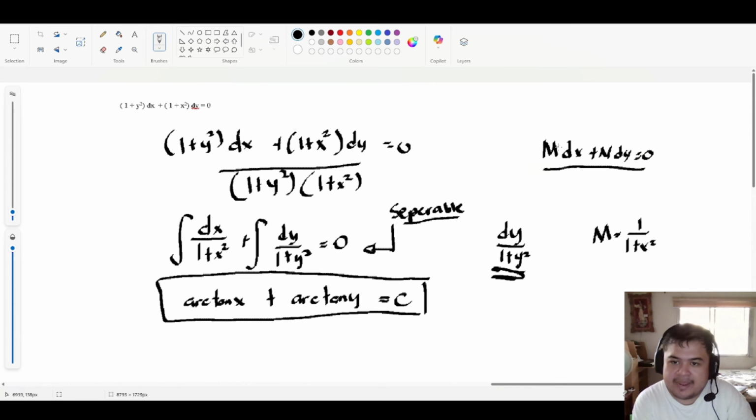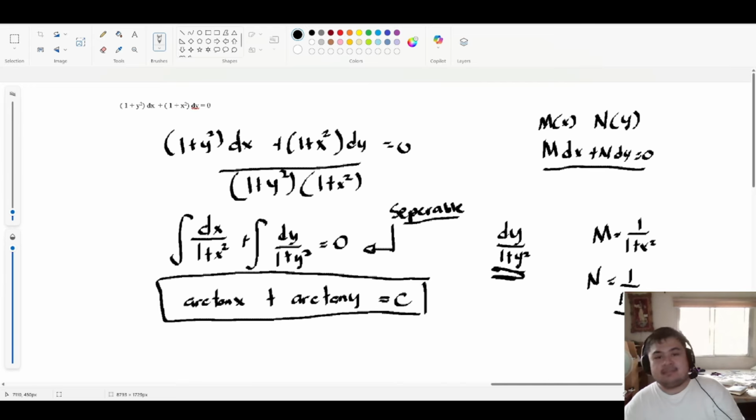Whatever your m is, it's always x variables only, and whatever your n is, it's only y variables only. When you look at n, the terms beside dy, it's 1 over 1 plus y squared, which is y only terms. Meaning, it's separated already, and we can integrate that via our integral calculus.